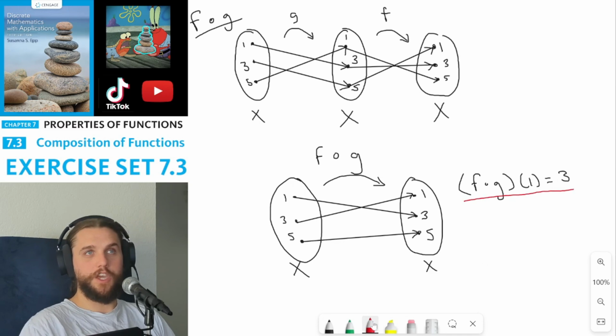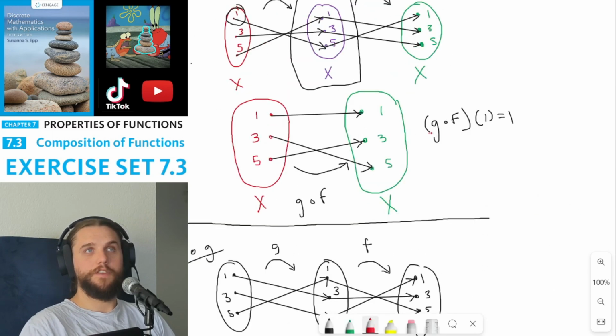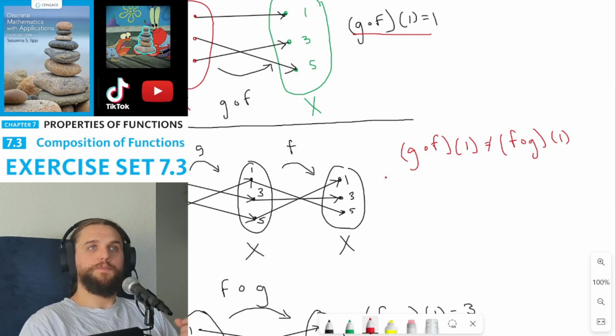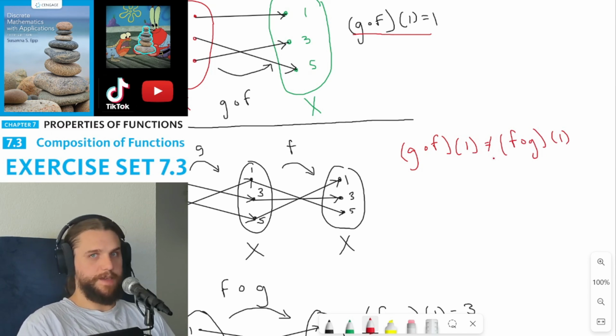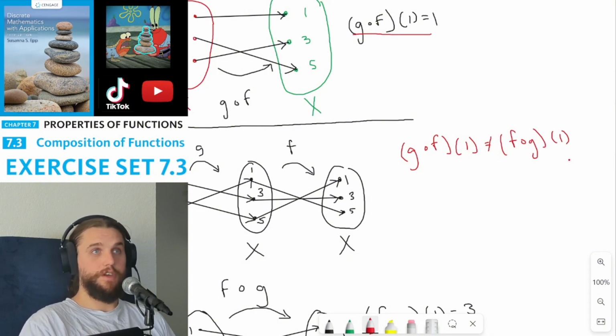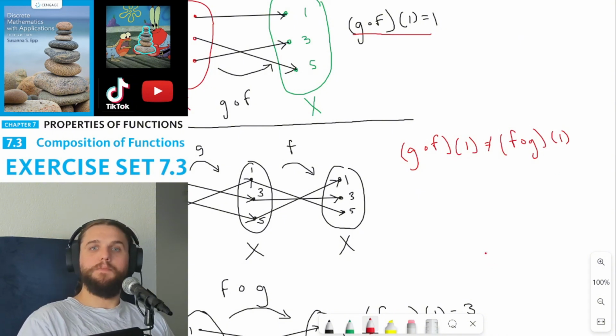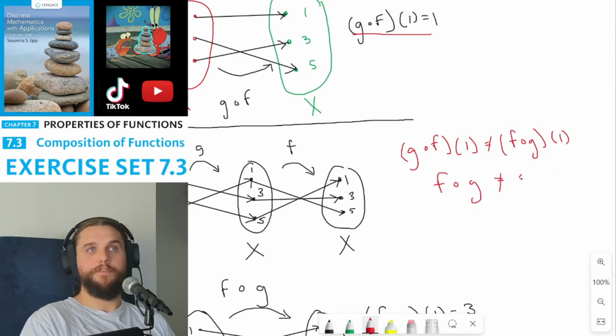So f of g of 1 equals 3, g of f of 1 equals 1, which means that g of f of 1, which is 1, is not the same thing as f of g of 1, which is 3. This means that f of g and g of f are not the same functions.